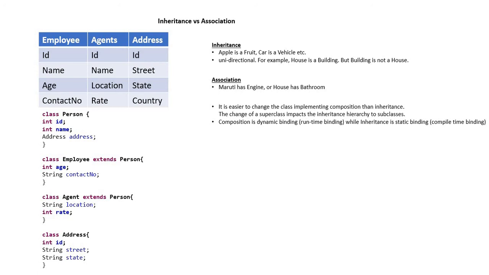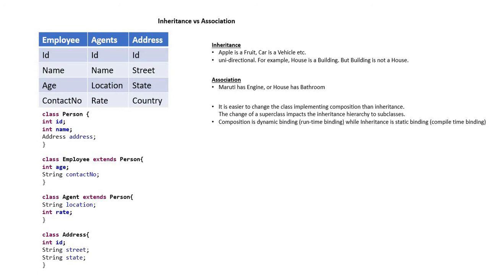But in case of inheritance, it's a static binding, where at compile time itself the relationship is decided. At compilation time itself, my employee is inheriting the person, my agent is inheriting the person, right? So that is static, but association is a kind of dynamic binding.